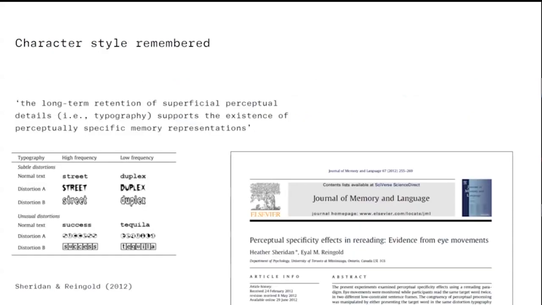And something else, looking at whether we remember the character style, is from this paper. And I particularly like this quote because typography is described as the superficial perceptual details, and yet we do retain that information.